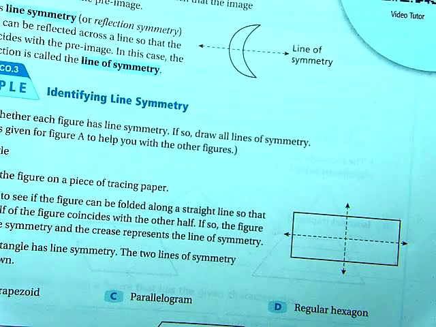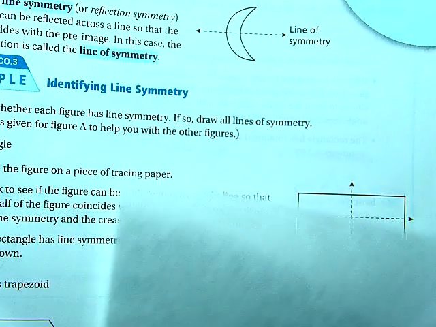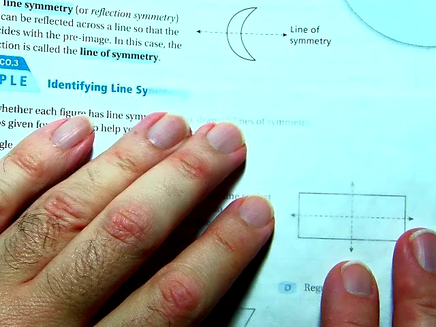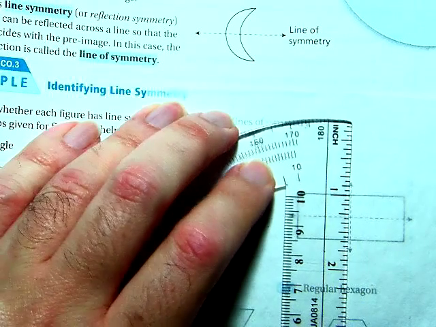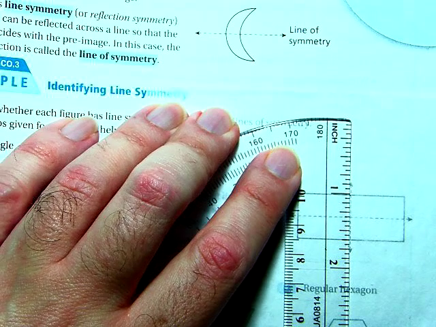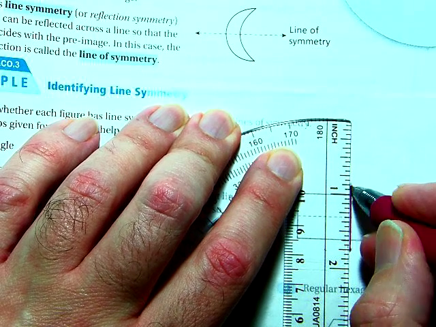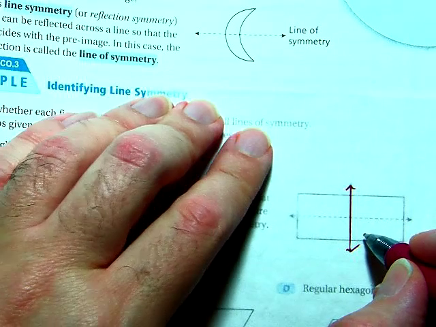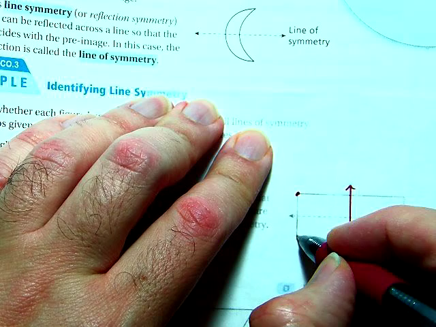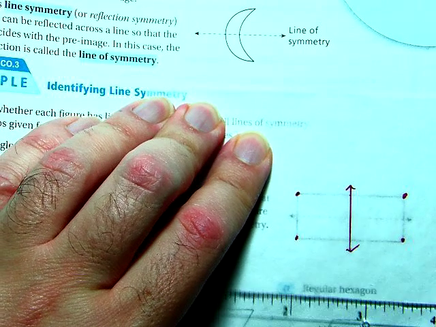We can also take a look at the vertical line as a reflection line. So this time, let's draw our vertical line on the patty paper so that it matches the vertical line on the illustration. Then let's draw in the 4 points of our rectangle and join those points.